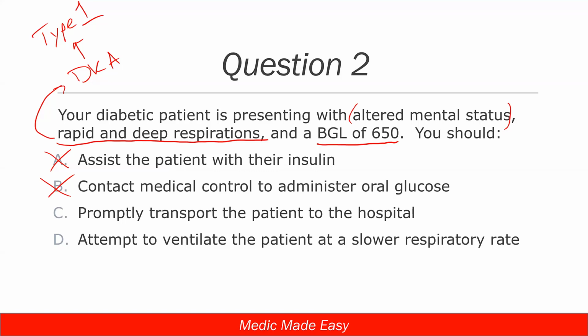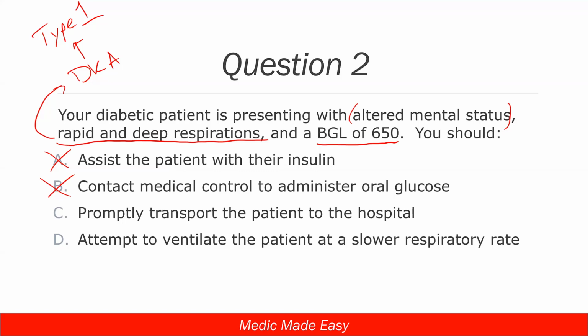Let's take a look at D. Attempt to ventilate the patient at a slower respiratory rate. So there are times that we can ventilate patients because they're breathing too fast. If they were conscious, we might try to coach their breathing down, depending on why they were breathing too fast.